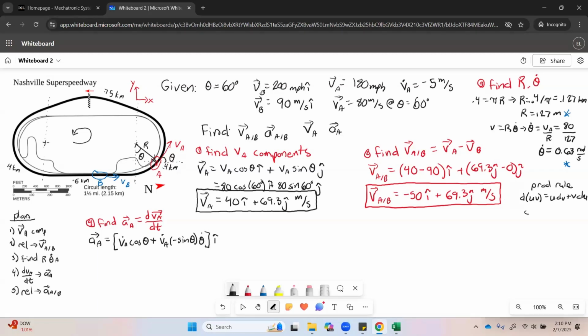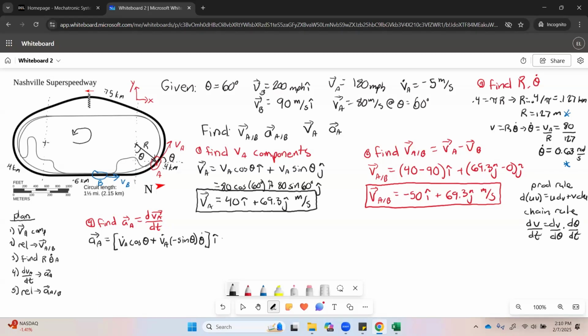And chain rule, dv dt equals dv d theta times d theta dt, and d theta dt is just theta dot. So that's how we got that.